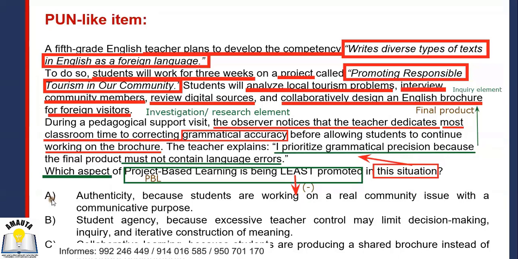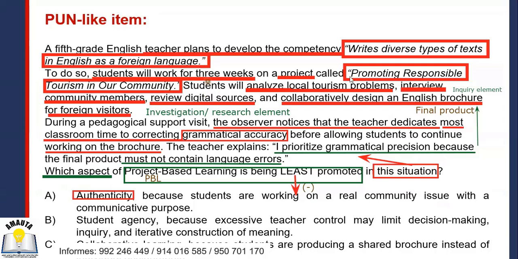Letter A, okay? It says authenticity is being least promoted, right? Why? It explains. Because students are working on a real communicative issue, right?